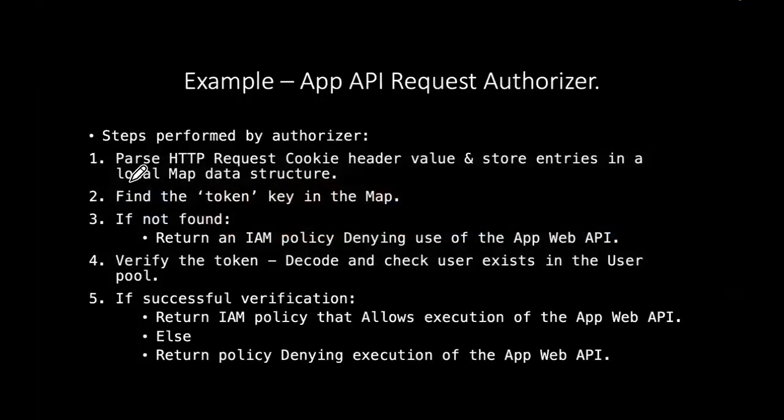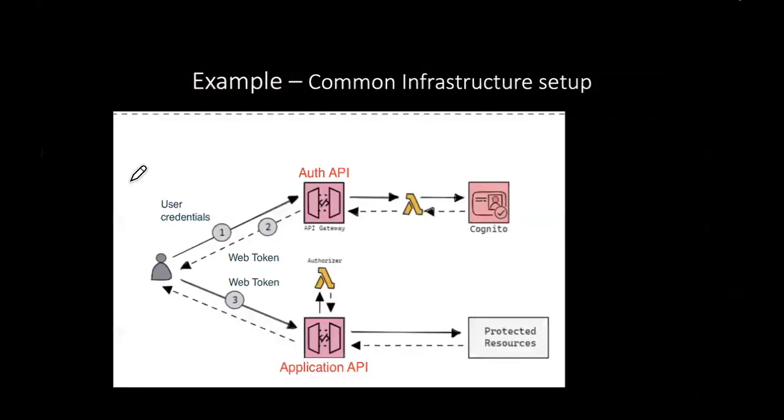let's go back to here, right? So this authorizer lambda does all of the stuff we were just talking about. But there's nothing stopping you having some code in these lambdas over here.